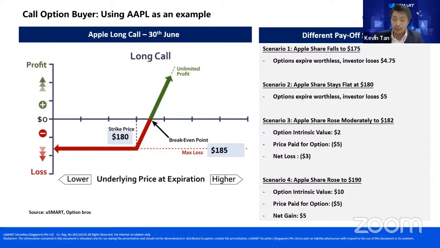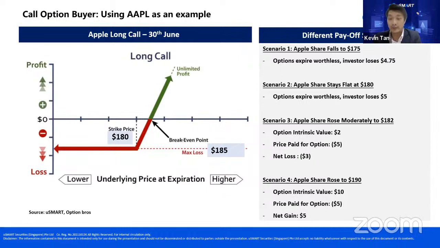Now, because you have the right to buy Apple share at $180, you could exercise your option, buy it at $180, and you sell to the market at $190. So you will actually make a gain of $10, or in other words, your option also has an intrinsic value of $10. And given the fact that you paid $5 for the option, you will actually come up with a net gain of $5.